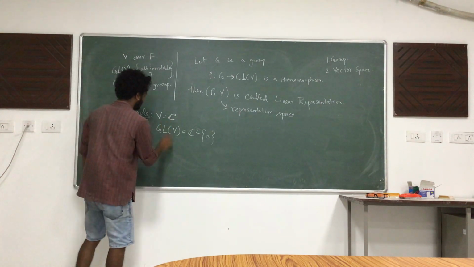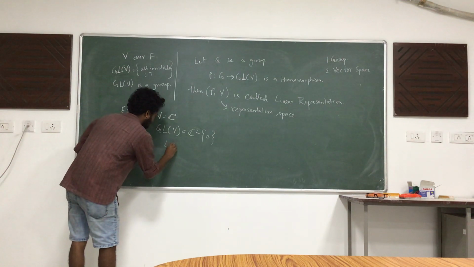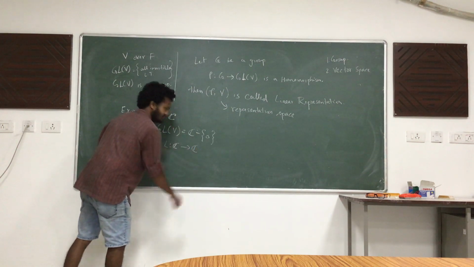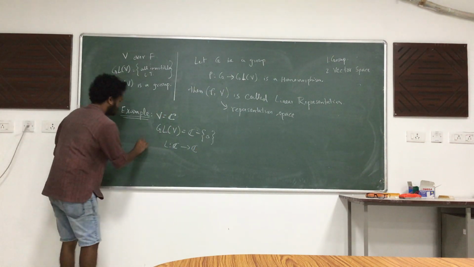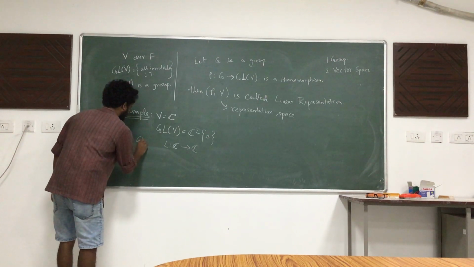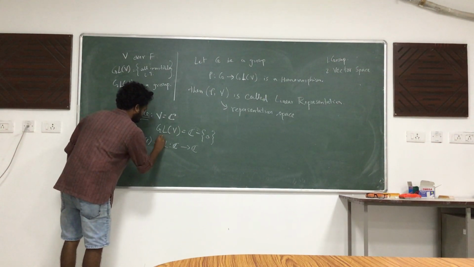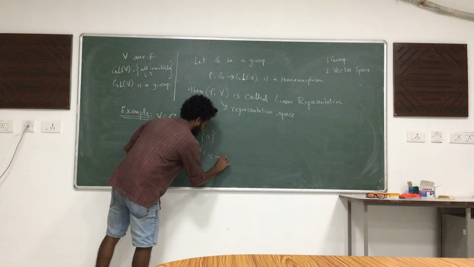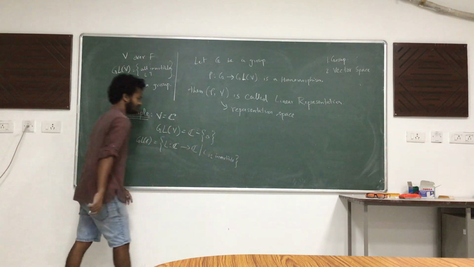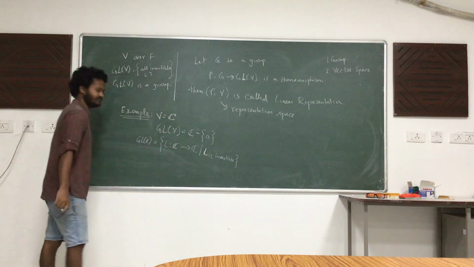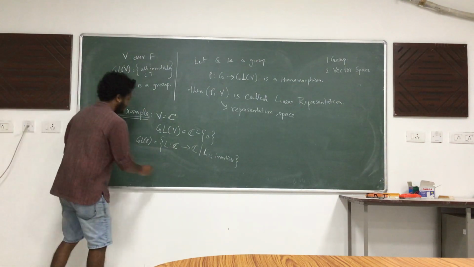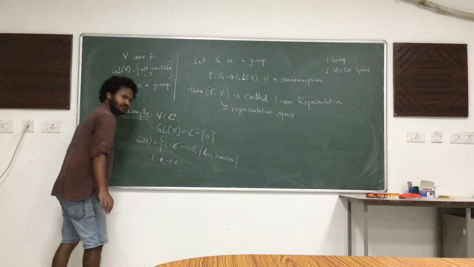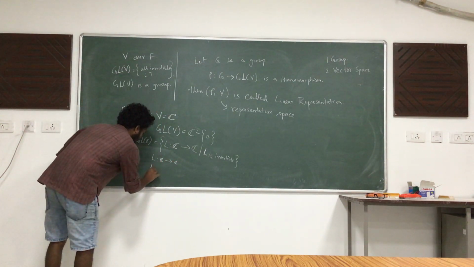So let us say we define the linear transformation from C to C, all the linear transformation. So GL L is inverted. Now let us say L is defined from C to C. So what will L do?